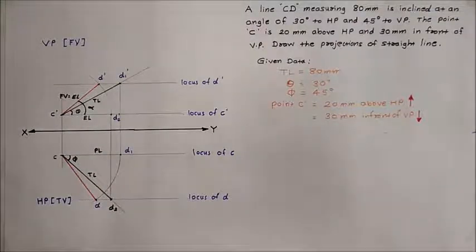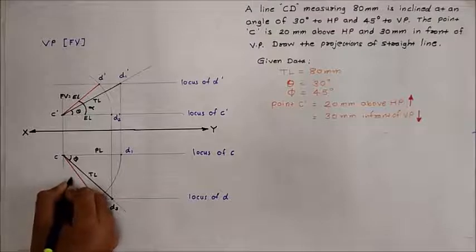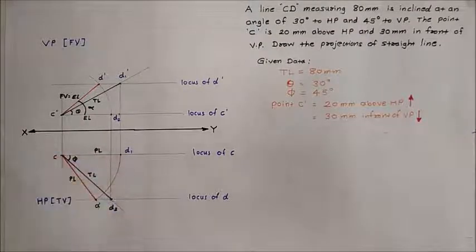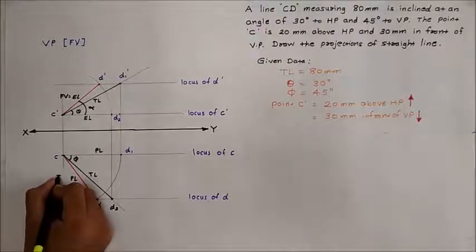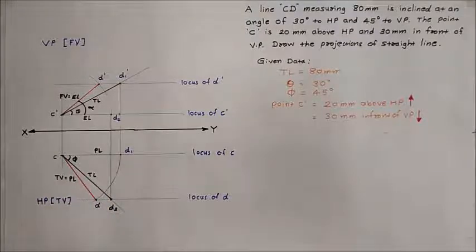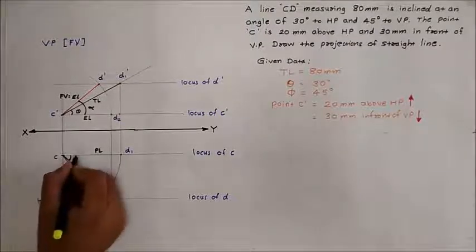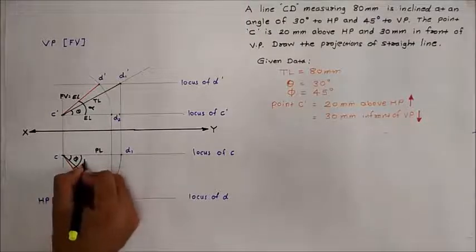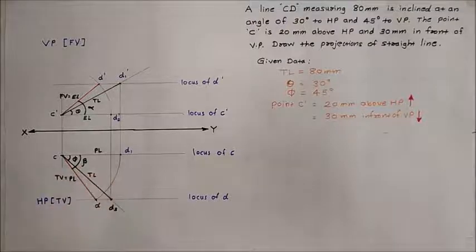This C to D is the plan length of the line as we have rotated the plan length. So this CD is the plan length, which is also called the top view of the line. The angle made by the plan length with the horizontal line is called angle beta.